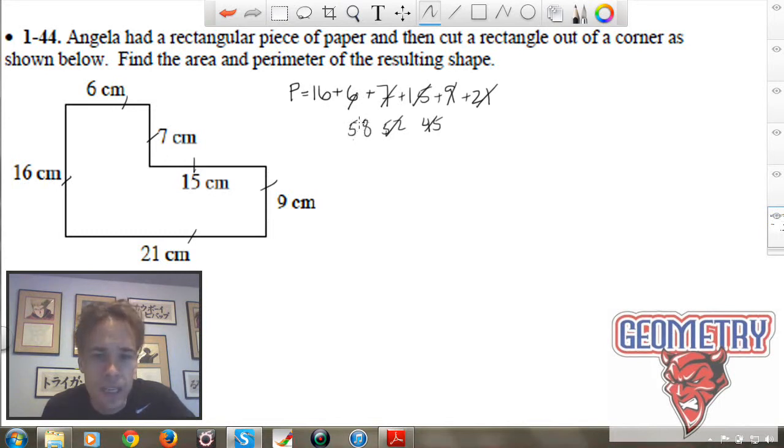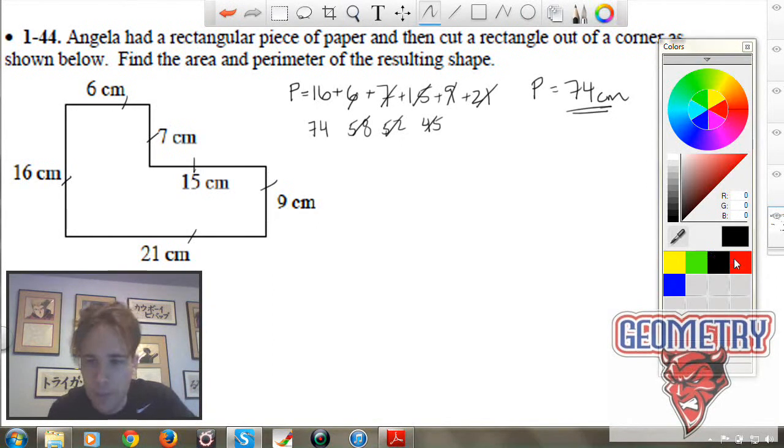And 58 plus 16 is 74. So our perimeter is 74 centimeters.